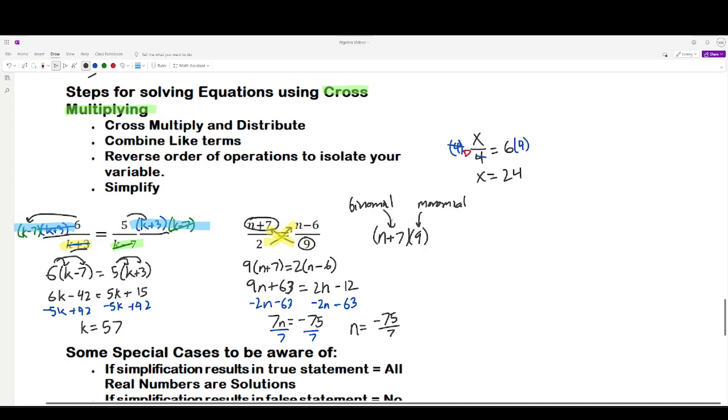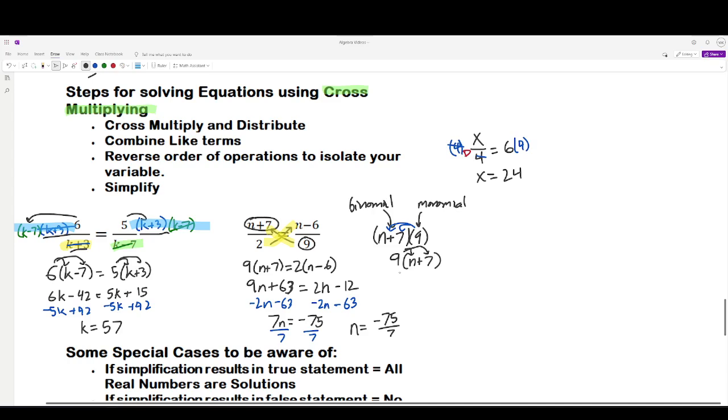And then if I drew distribution arrows, they'd be going backwards, which looks super weird. So anytime you multiply a thing with a plus by a thing without a plus, you put the thing without the plus first, and then you put 9 parentheses n plus 7. That looks normal, and that's the way we want to write that so that distribution looks like we're used to. So that's cross-multiplying.